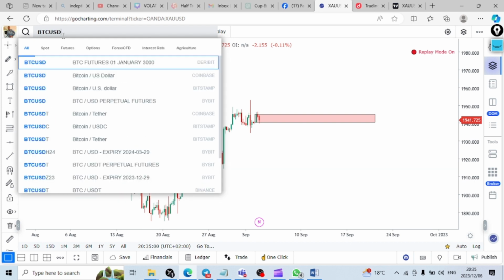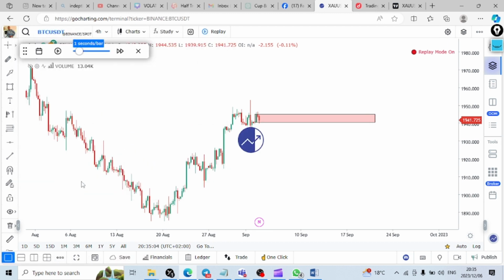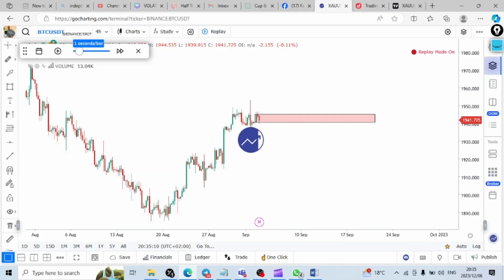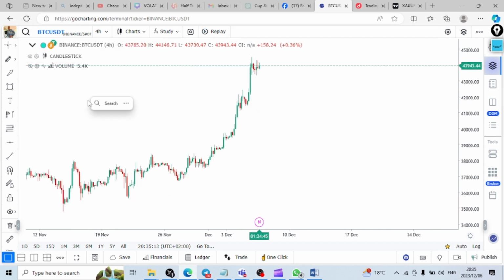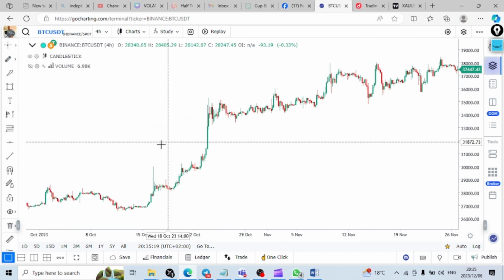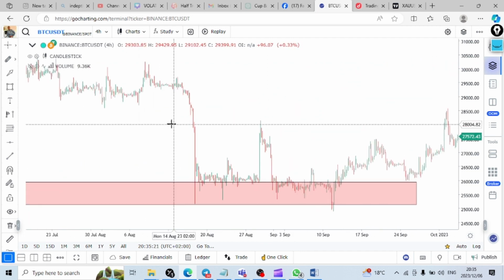We'll be focusing on Binance, and the date is 16 June. If you go to Binance, you see that it's difficult for you to have the replay mode.